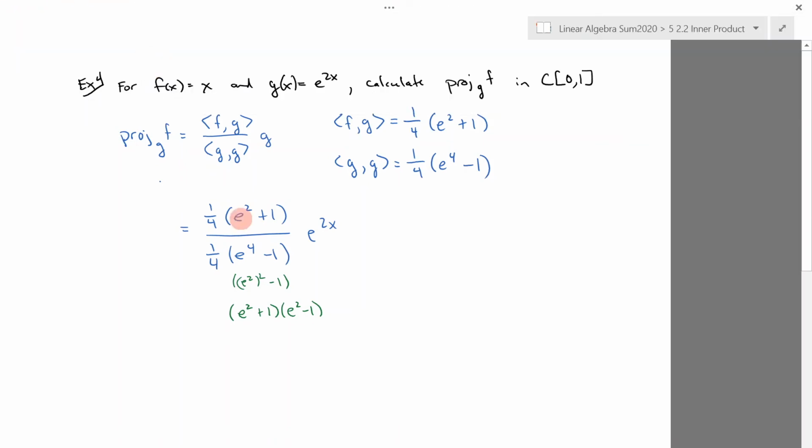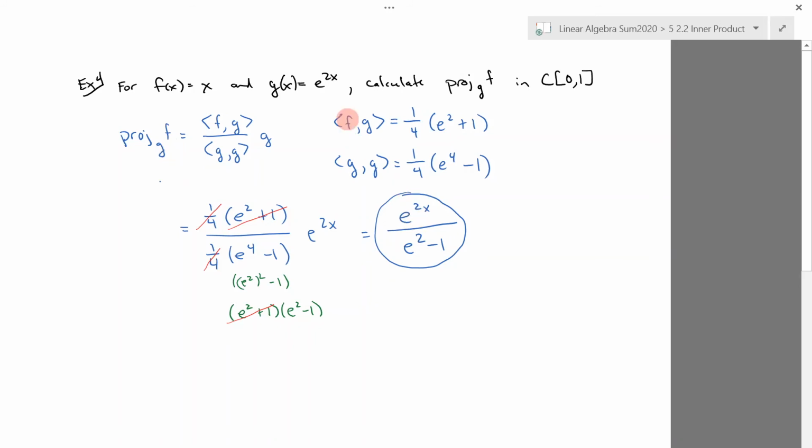This e squared plus 1 cancels with the numerator, and the 1/4 cancels as well. So what are you left with? The e to the 2x goes into the numerator, and the denominator becomes e squared minus 1.